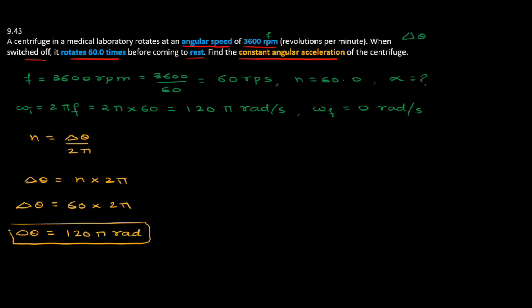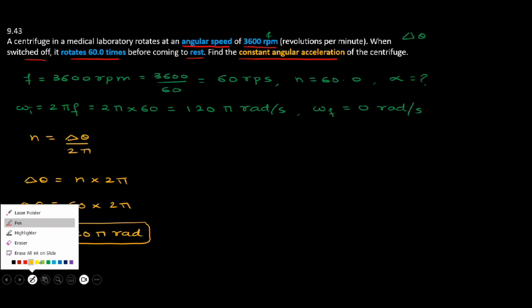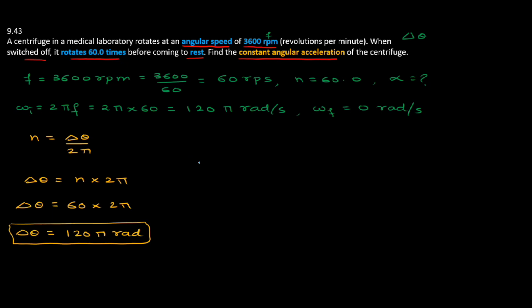Once I have delta theta, now I can use the equation of motion to calculate the angular acceleration alpha. We have the initial angular speed, final angular speed, and the displacement. So we will use the fifth equation of motion, which says omega final squared equals omega initial squared plus 2 alpha delta theta. Here delta theta is the angular displacement, which can also be written as theta final minus theta initial.